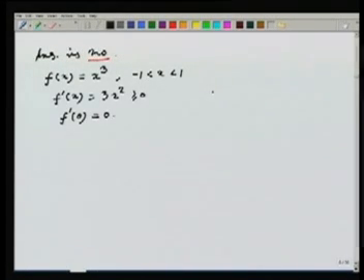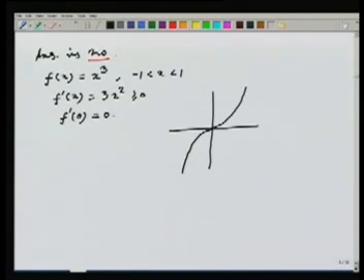If I try to draw the graph of the function, it looks exactly like this. We will see after a few moments how I draw the curve of this, but just assume for the time being that this is the curve of y equals x cube, which can be shown. Then you can see that the function is strictly increasing. Nevertheless, at the point 0, the derivative is not positive, it is equal to 0.